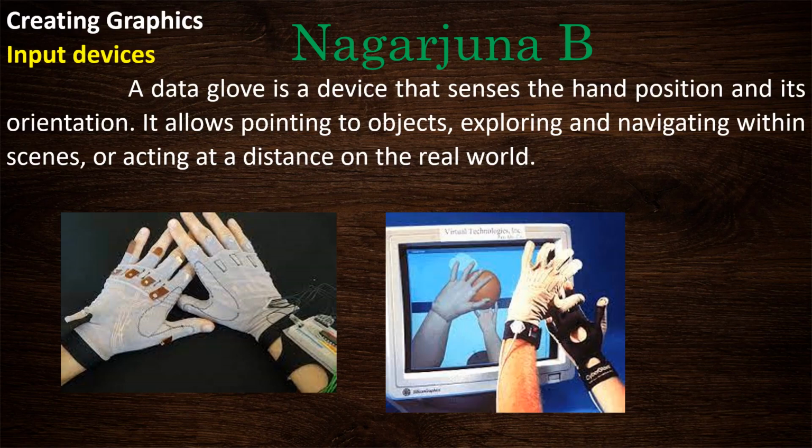So this data glove is a device which senses the hand positions. It means it will be sensing the hand position and its orientation. How we move our hand, based upon that it will be detecting and taking input. That is a data glove.